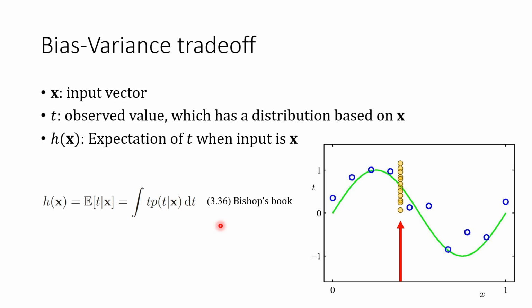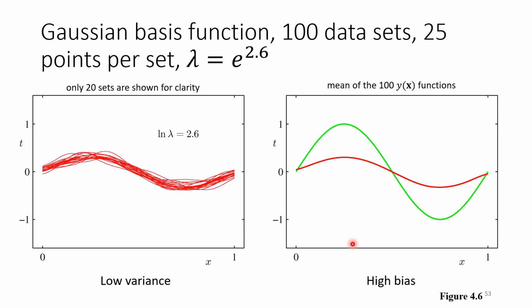You won't see this equation in our textbook, because this equation is from Bishop's book, equation 3.6. But I need to mention it here because you will see this figure in our textbook. If I don't use Bishop's equation and his book, it will be very difficult to explain what you will see here.